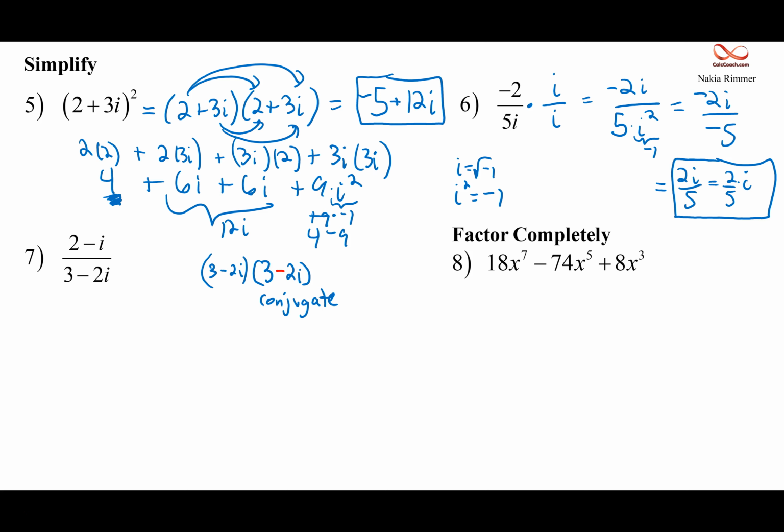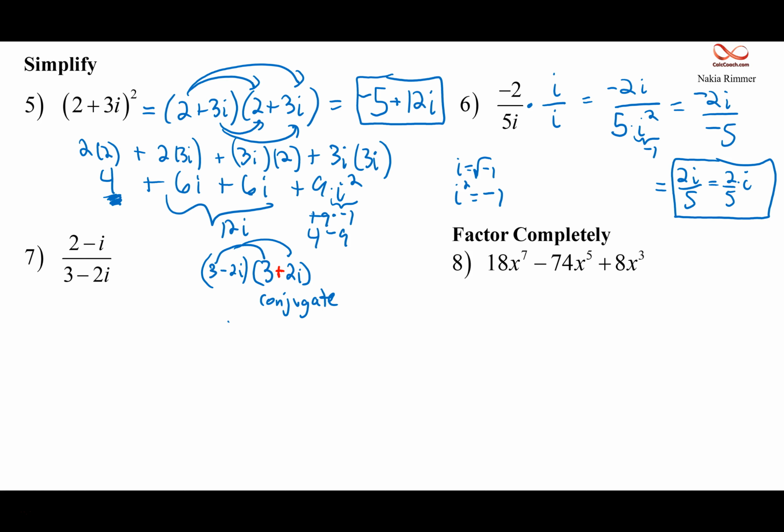It's like having a plus b and a minus b, or x plus 7 and x minus 7. What happens is the middle terms cancel each other out.